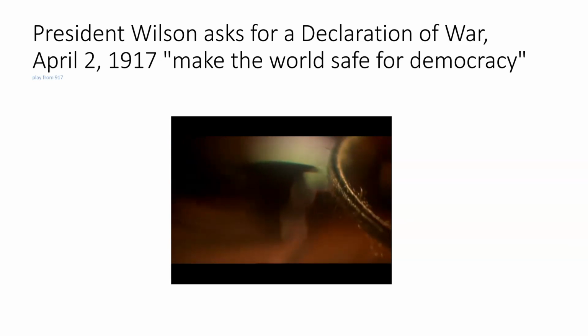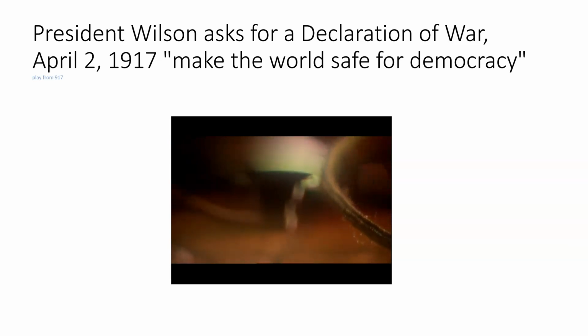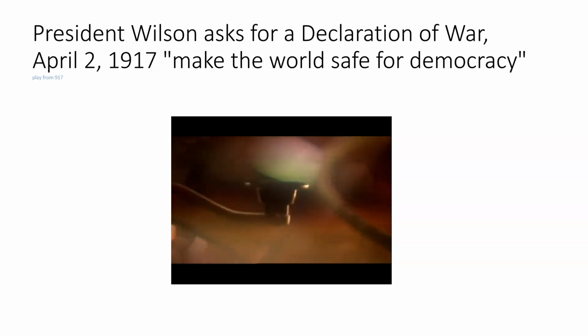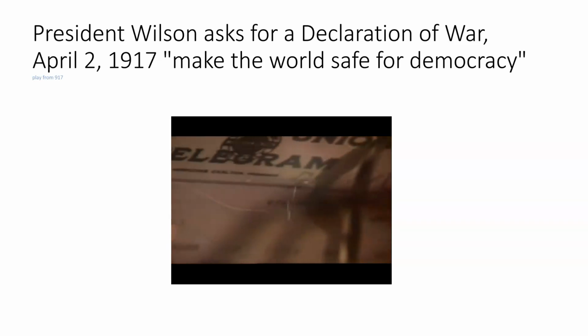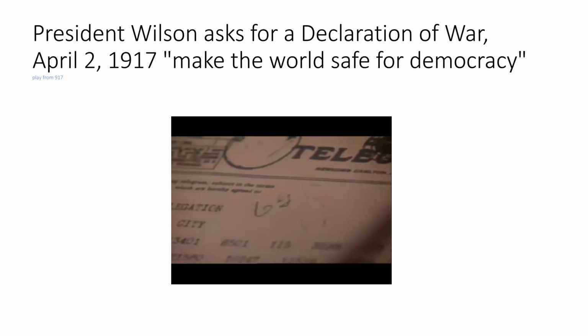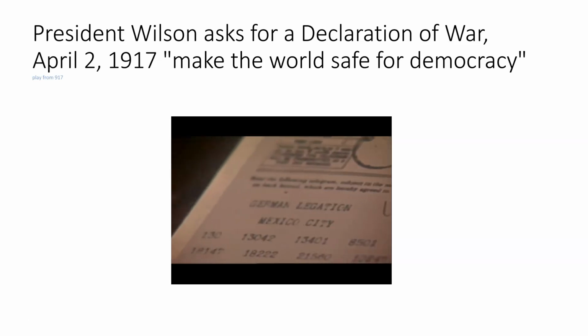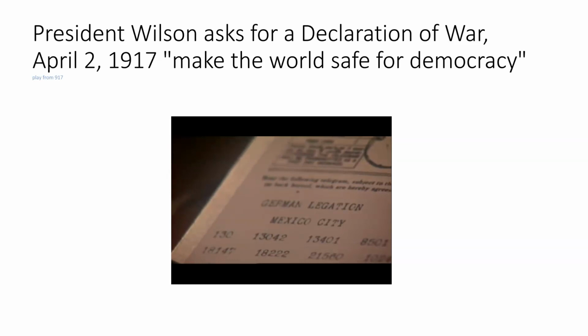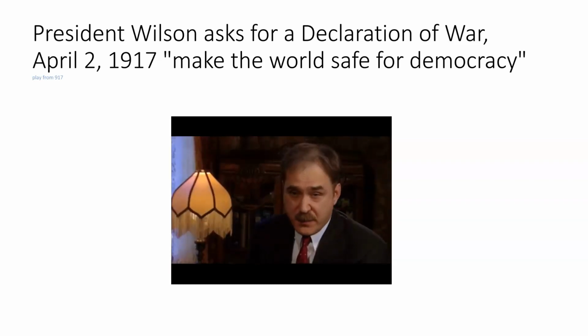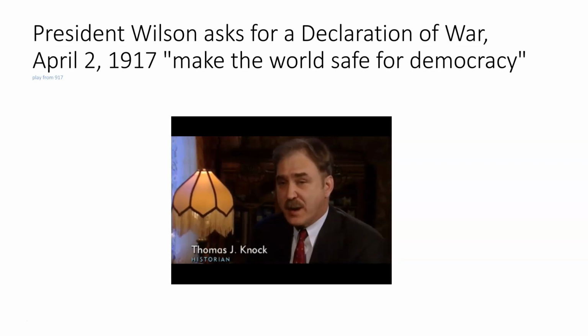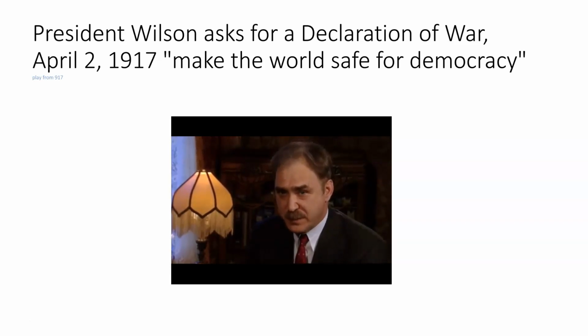Then a telegram was intercepted that revealed Germany was trying to persuade Mexico to declare war against the U.S. by offering the states of Texas, Arizona, and New Mexico as potential war prizes. The fact that Germany is sinking American ships, that it's plotting with Mexico to bring on war with the United States, causes Wilson to lose all faith in the good intentions of the German government.